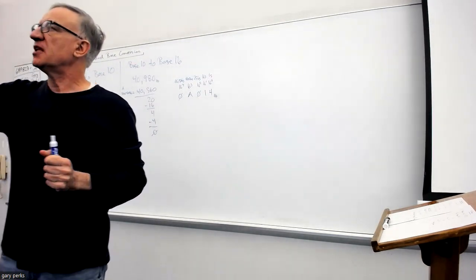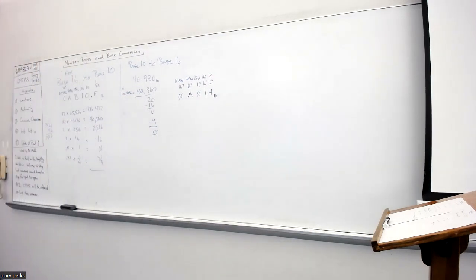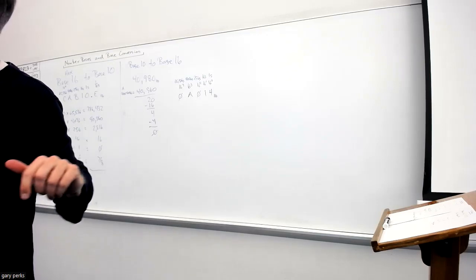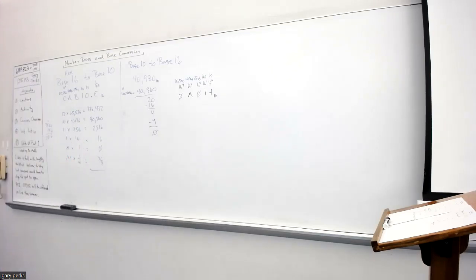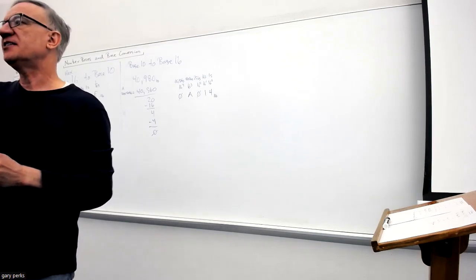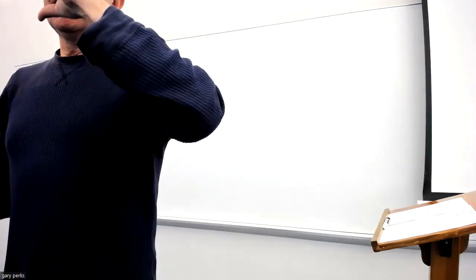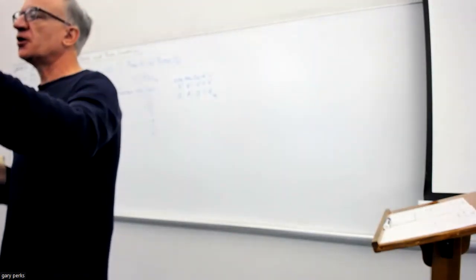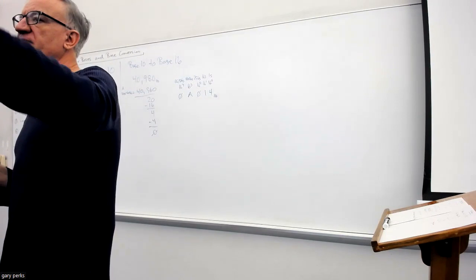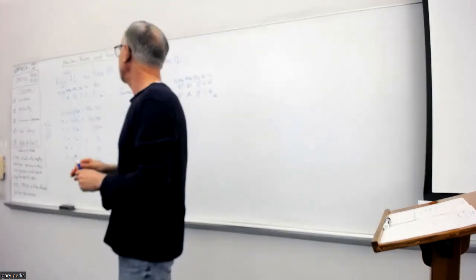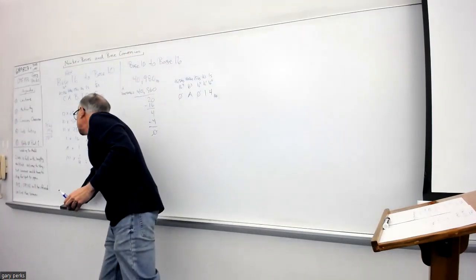In these conversions, we go directly from hex to binary and directly from binary to hex without going through base 10. This technique is very useful, especially for CPE133, the follow-on class. It's also useful for this class, but especially for 233.